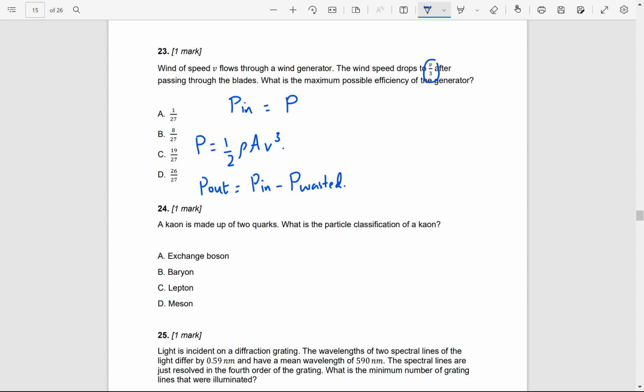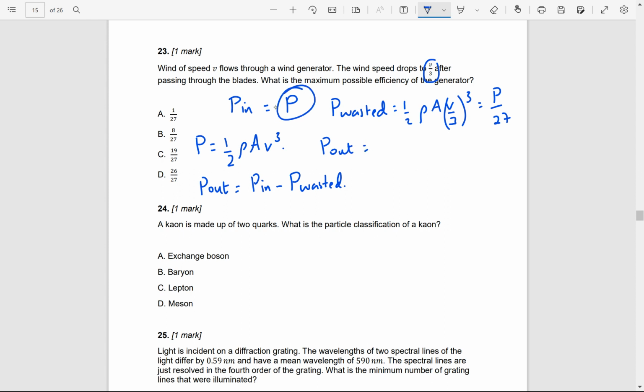So the wasted P due to V dropping equals half rho A, V over 3 cubed, which is 1/27th. So that's P over 3 cubed, which is P over 27.